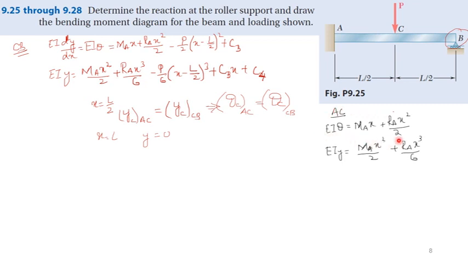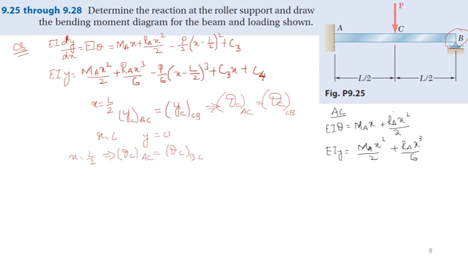By putting this, we get the value of C3. So let's apply this first. At x equals L by 2, theta C of curve AC equals theta C of curve CB.